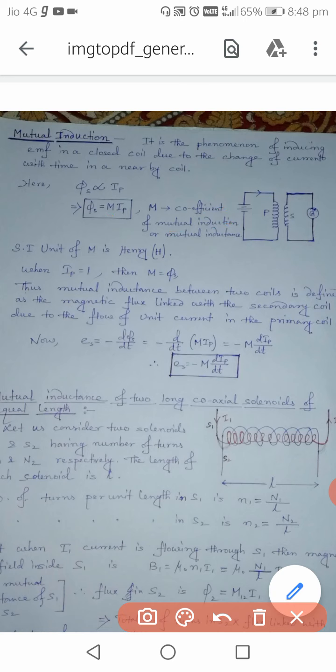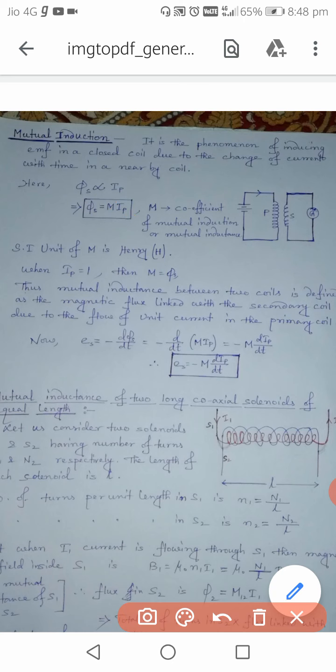Since current is flowing through the primary, it will be the coefficient of mutual induction of the primary. The unit of M is Henry, just like L.